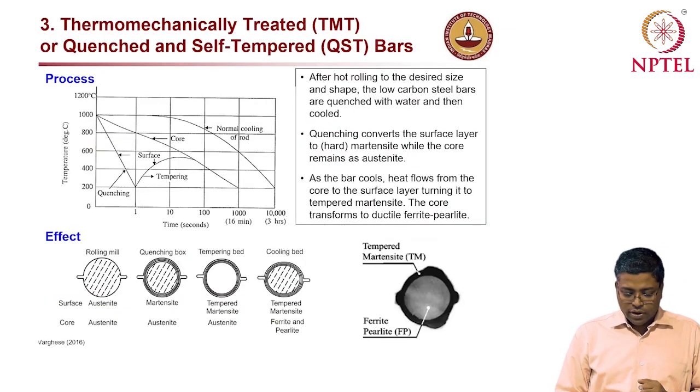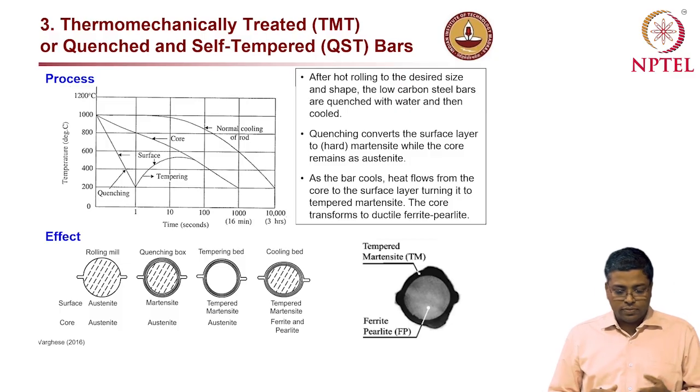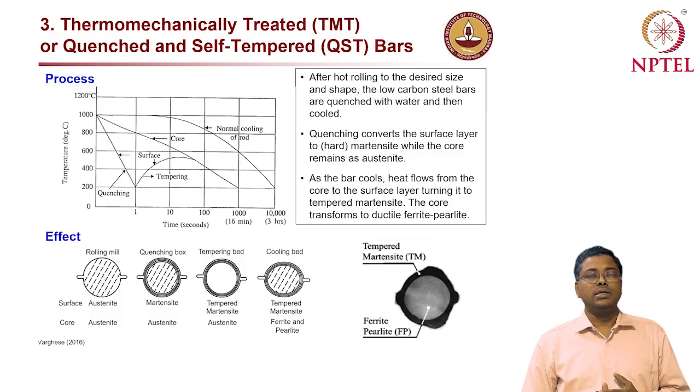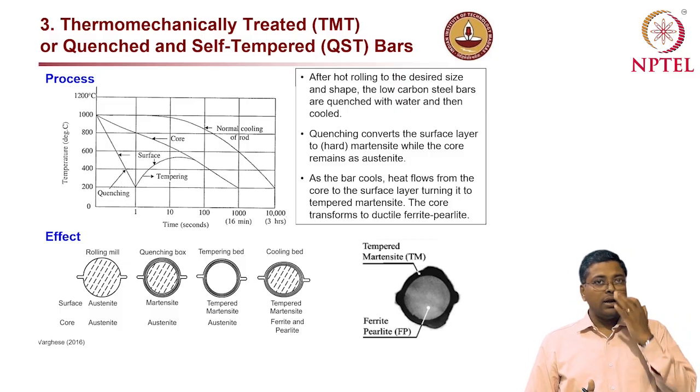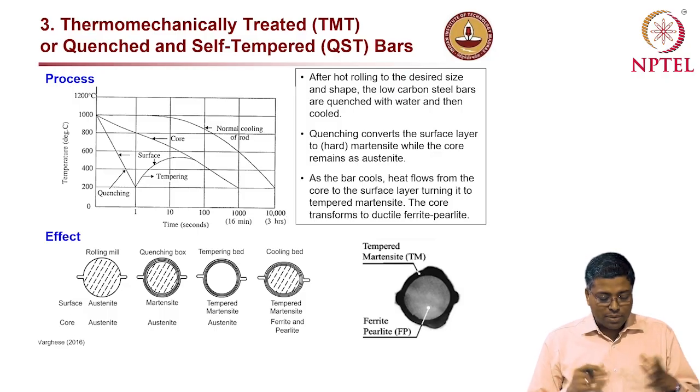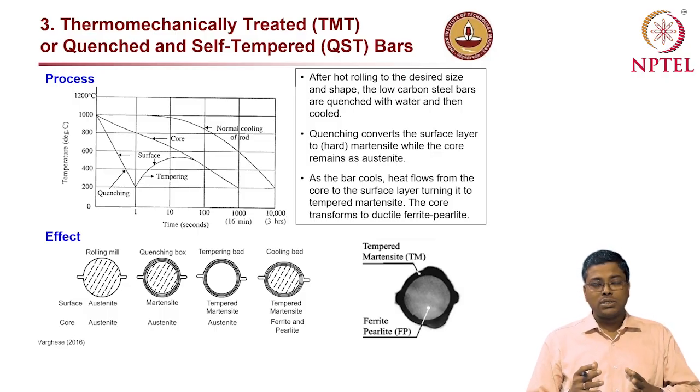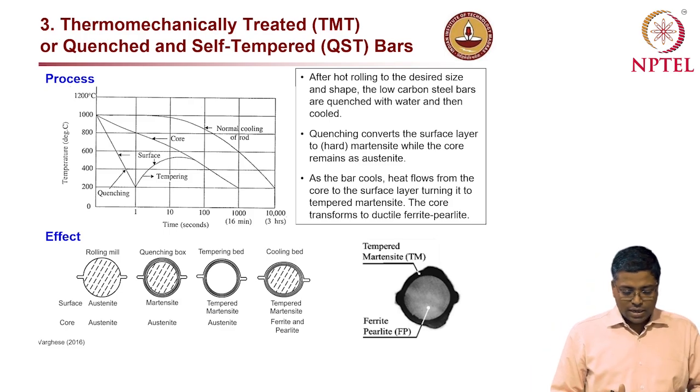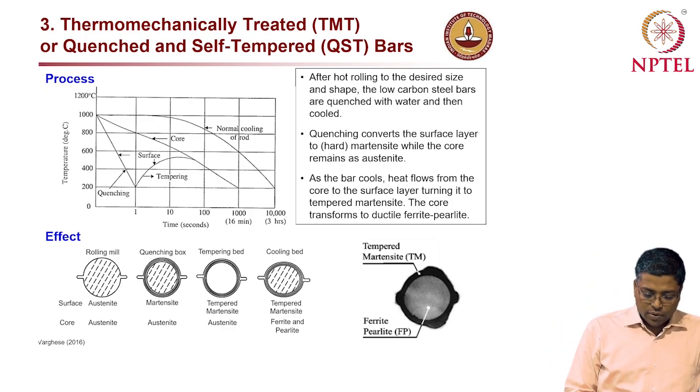And so the industry went on to another solution, which is thermomechanically treated steel, where again the chemical composition is not much changed, but the manufacturing process is changed a little bit. Look at this graph here.